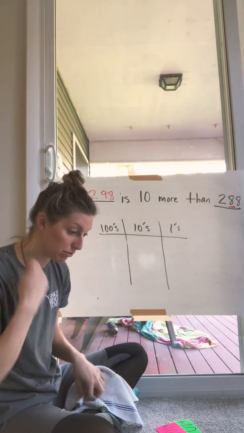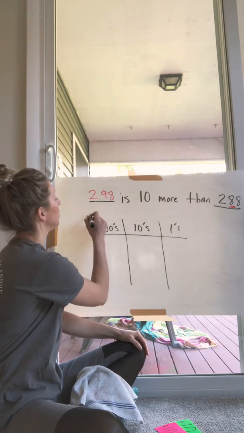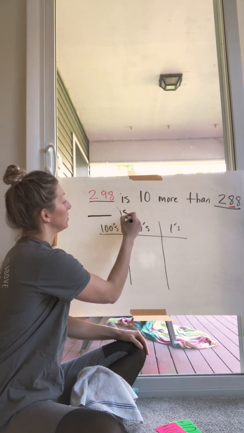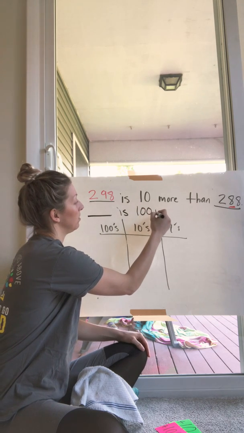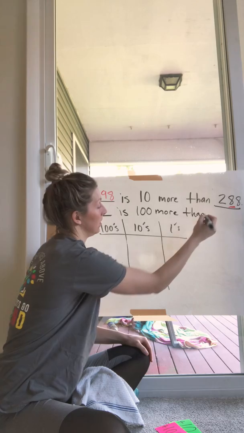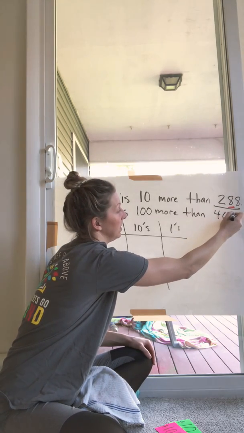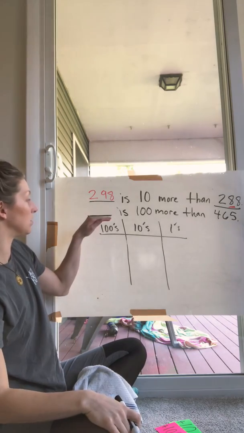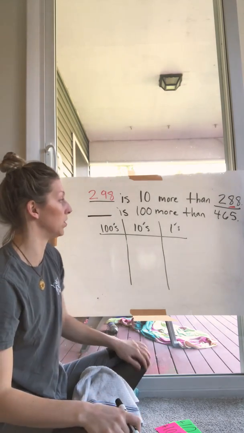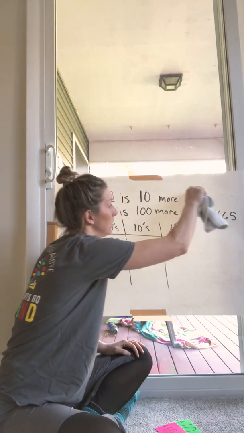Okay, and then we'll do one more, and then we're going to wrap up today's quick review. We haven't really messed with this one, so let's do blank is 100 more than 465. Something is 100 more than 465.